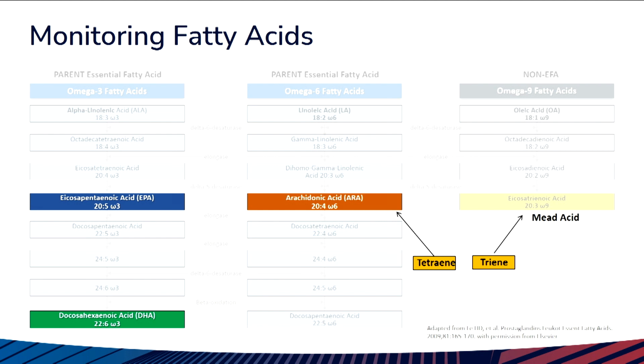So if you don't have enough omega-6 in your diet, these enzymes start working on omega-9, so your mead acid goes up, your ARA goes down, and you see that triene to tetraene ratio start to go up. That's what we talk about when we're looking traditionally at EFAD. A lot of times people just look at the TT ratio, but we will talk in this presentation about why that is not the most accurate way to truly diagnose biochemical EFAD.